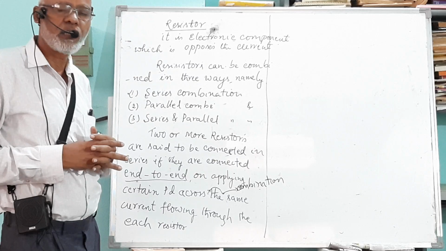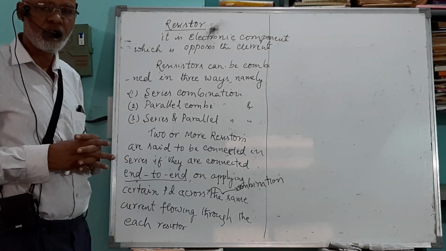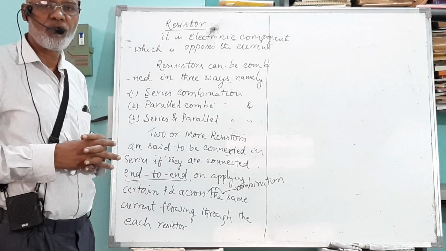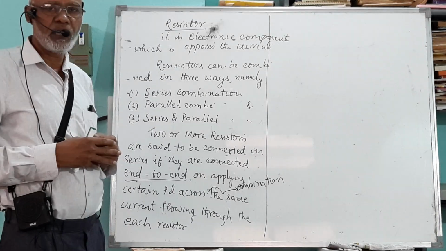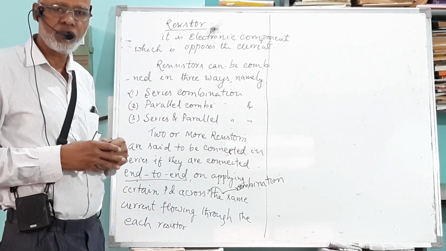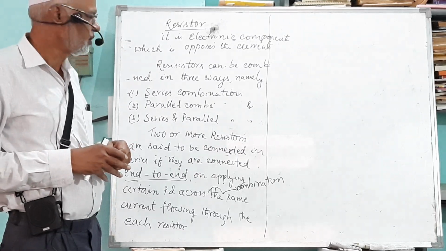I don't want to go into detail about the types of resistors. There are four types of resistors, namely wire wound resistor and carbon composition resistor.